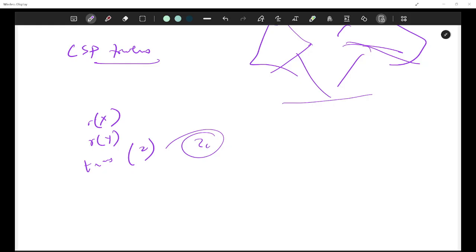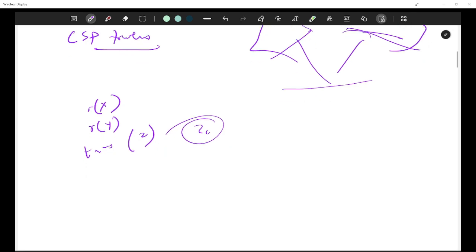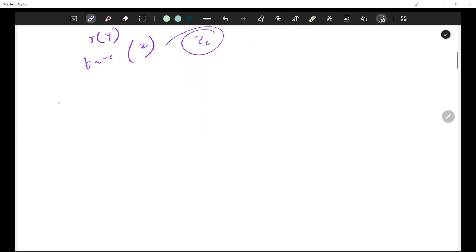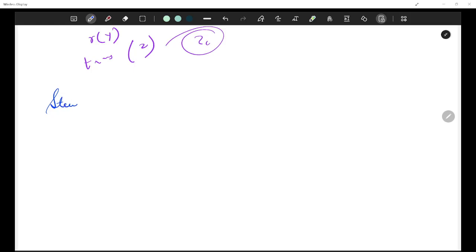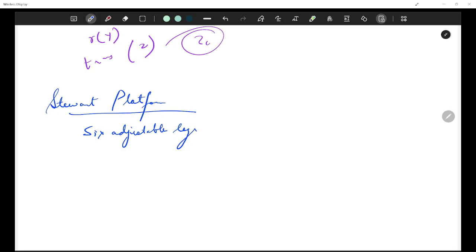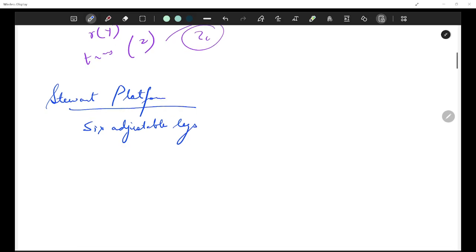Then in the second part of the lecture, what do we have? We have the Stewart platform. What does it have? It has 6 adjustable legs, and it supports a platform.